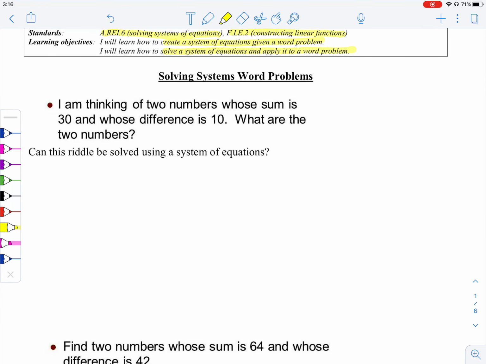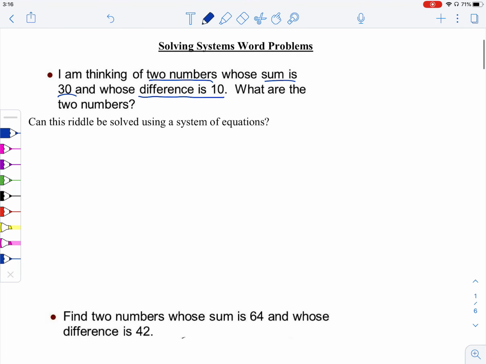So first one, I'm thinking of two numbers whose sum is 30, and difference is 10. What are the two numbers? And can this riddle be solved using a system of equations? Sum is addition.